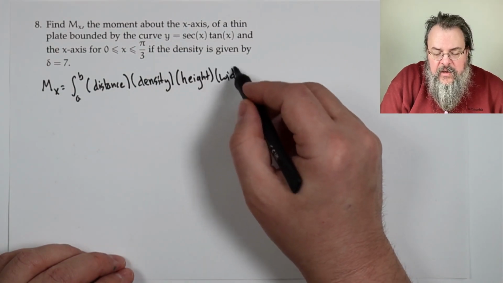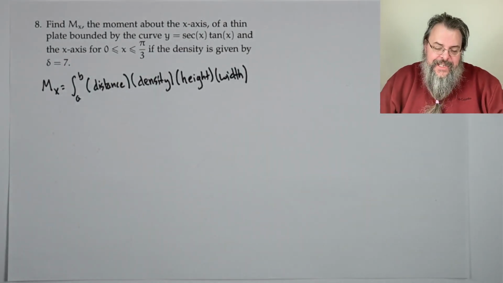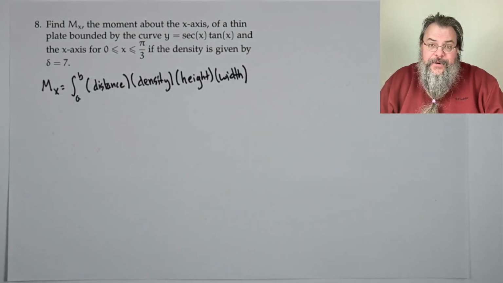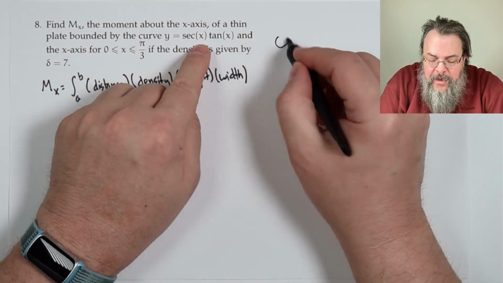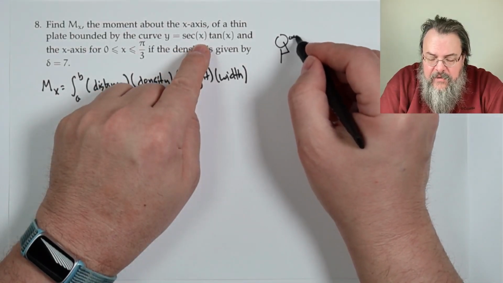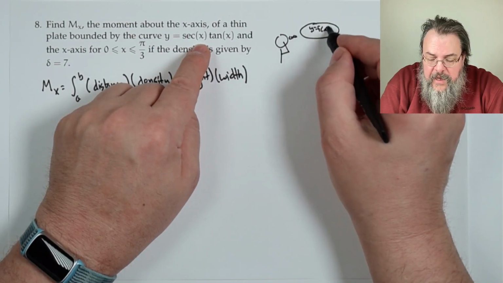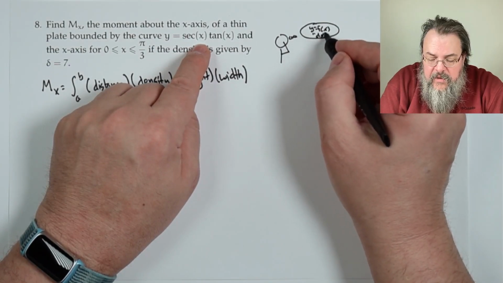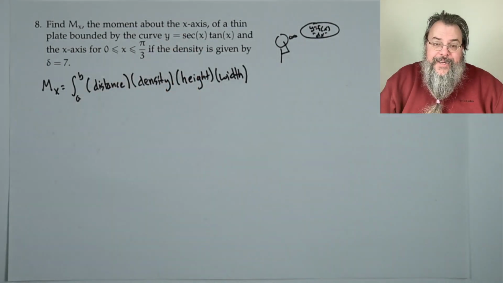All right. Now, we're going to integrate with respect to x. And why do we know we're integrating with respect to x? Well, here, what do we see? We see a secant x tangent x. And when we say a function of x, that makes us think dx. So we're like, okay, I see a function of x, I think dx.